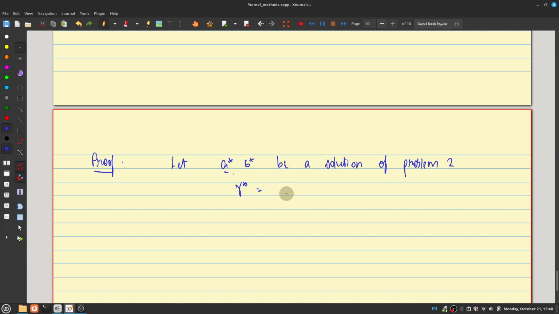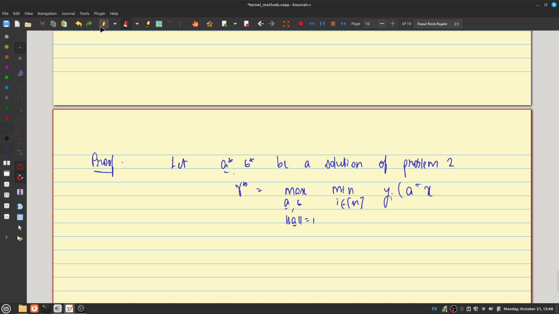So this is equal to the max over all (a, b) with norm a equal to 1 of the min over all i of yi times (a transpose xi minus b).